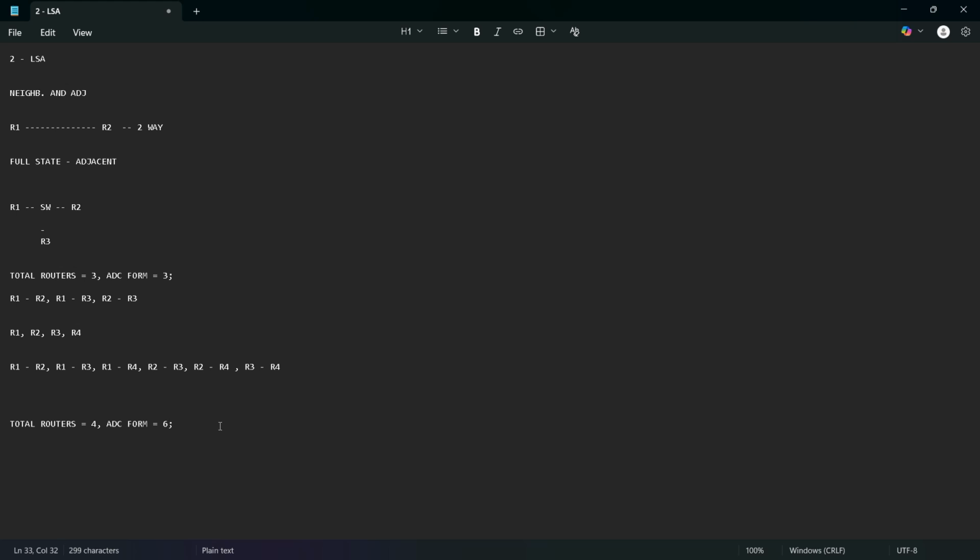If I want to derive a formula for this, it is n, which here is my 4, n into n minus 1, divided by 2.